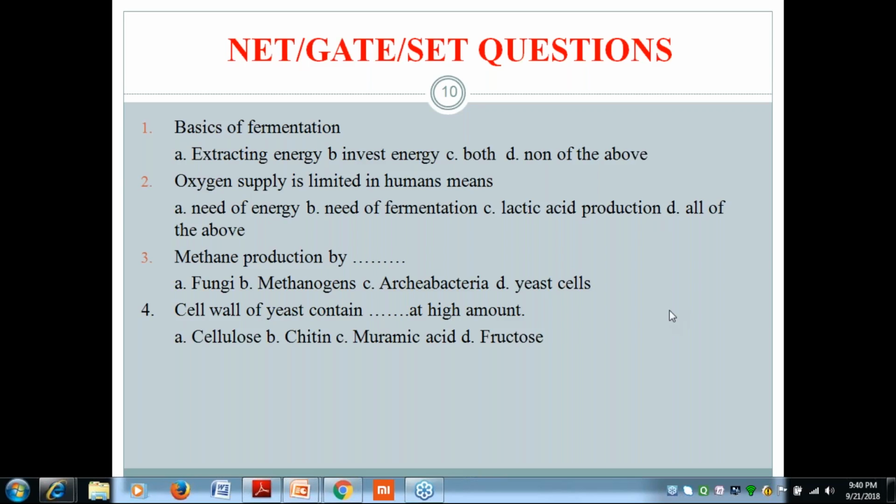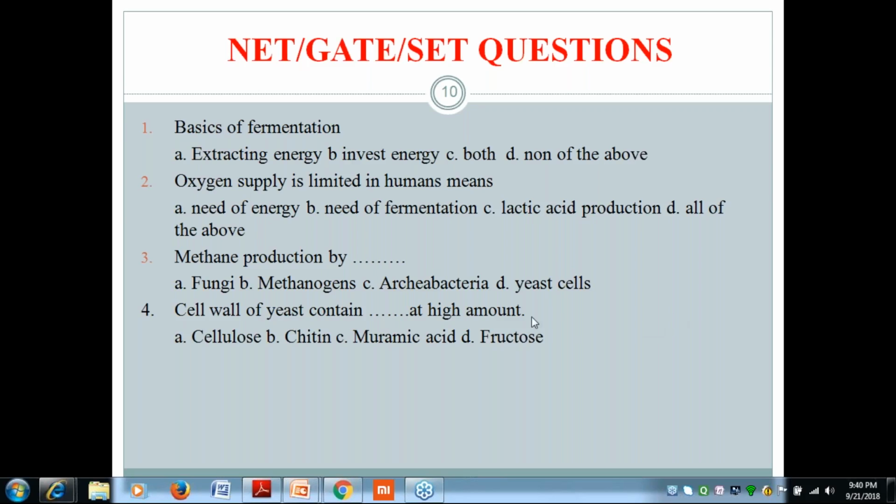It is correct or not? Methanogens and archaebacteria both are used in the methane production. Akanksha is saying B. Yeah, B is also correct and C is also correct. So methanogens and archaebacteria both are used in methane gas production.